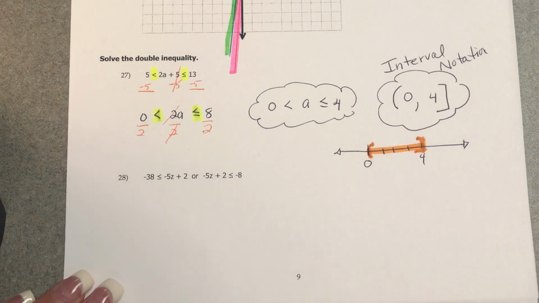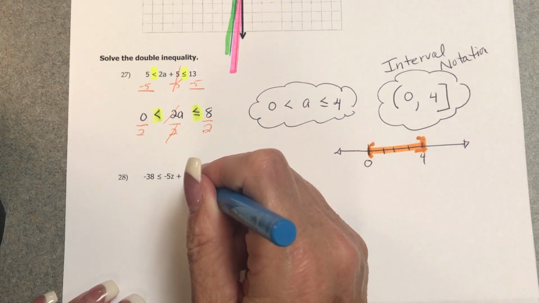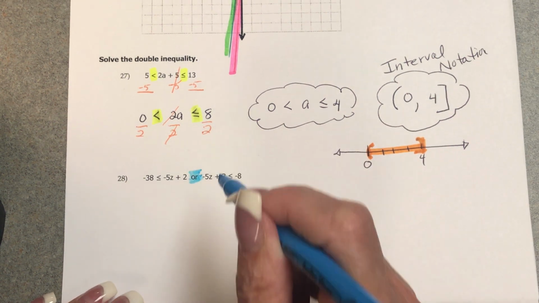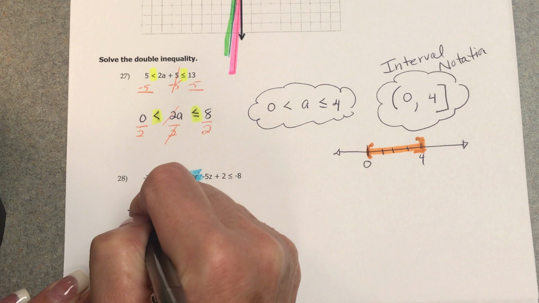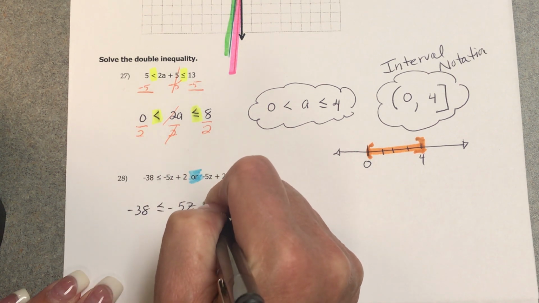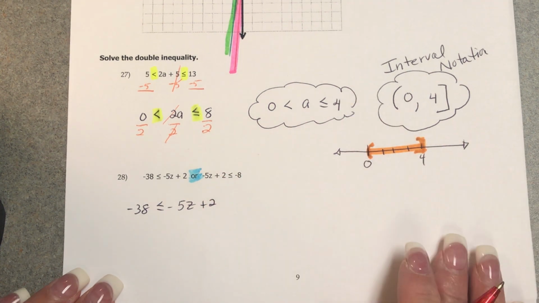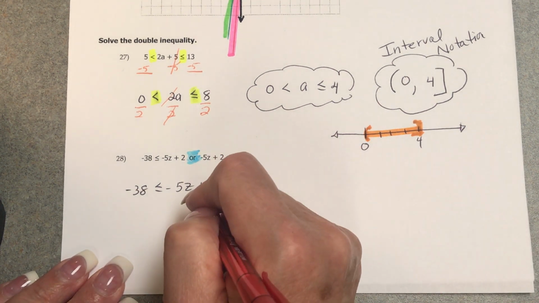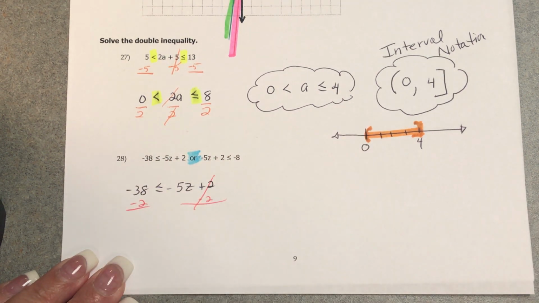And then this one has an or. This one says, well, it can be this or it can be that. So I've got two equations. I've got this -38 is less than or equal to -5z plus 2. I would subtract the 2, so that cancels.